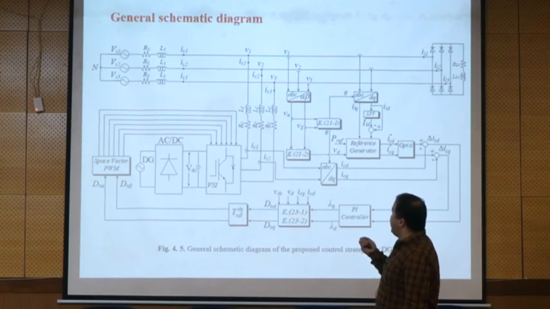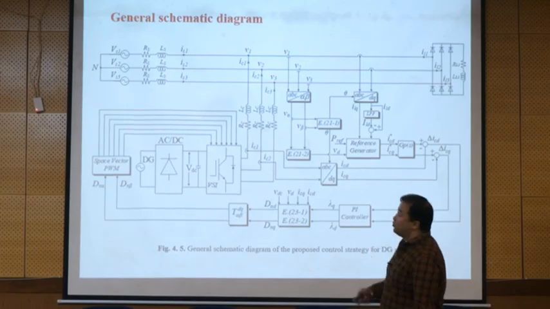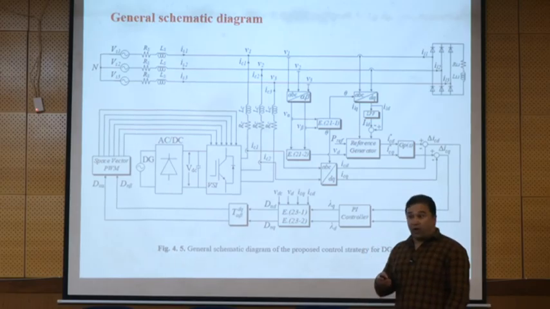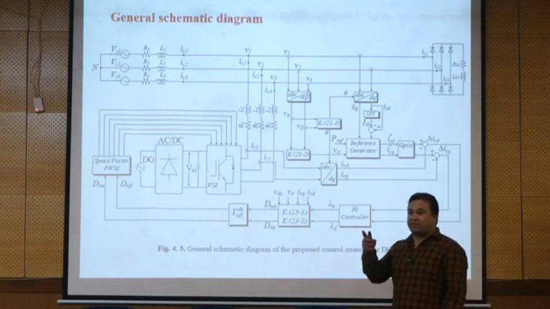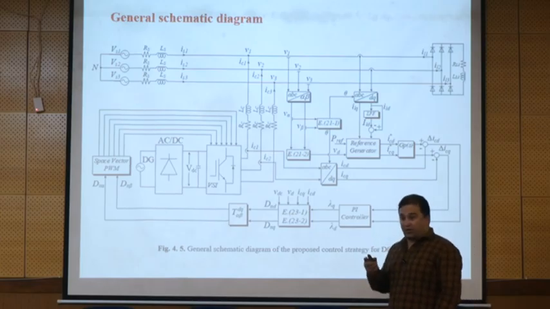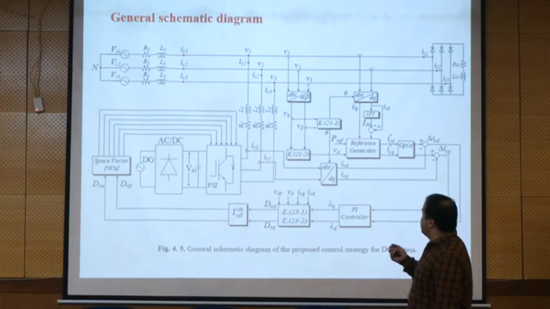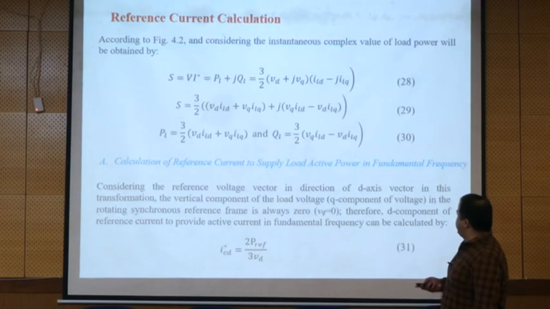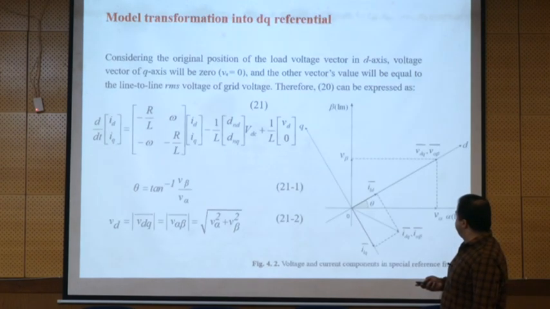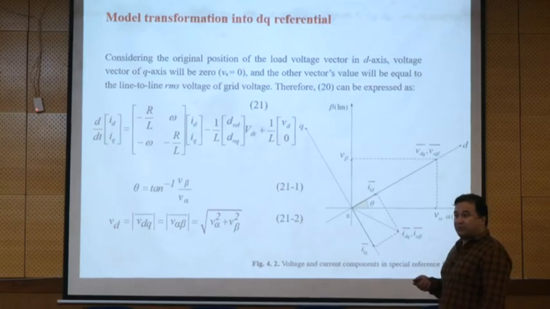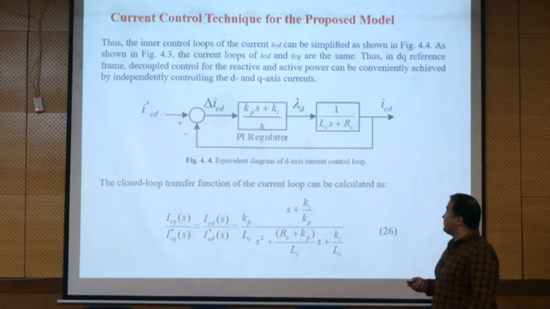After that, we use this alpha beta in equation 21.1, which is tangent inverse of V beta over V alpha. Based on that, we calculate the theta. So let's see, is it correct? Yeah, 21.1. Look. So we calculate the theta.